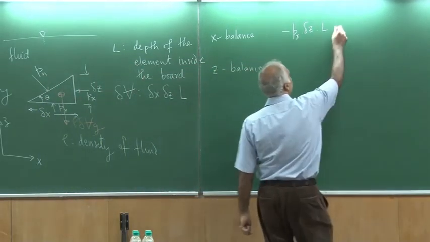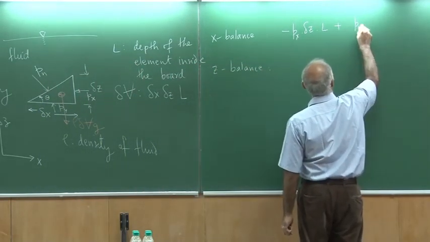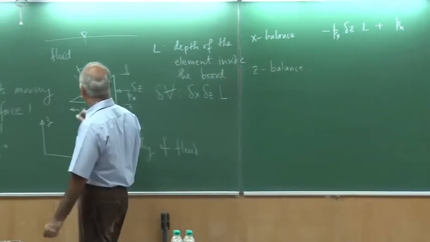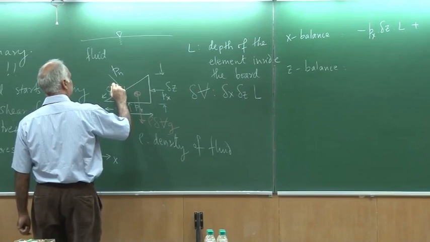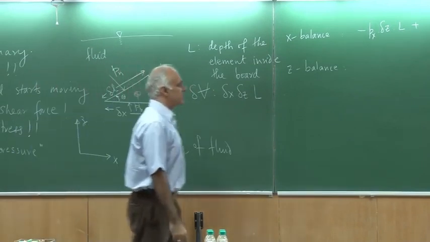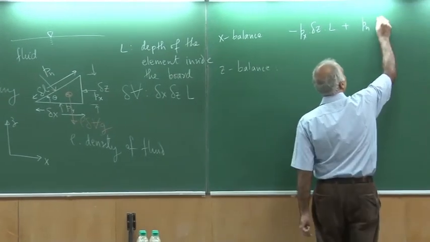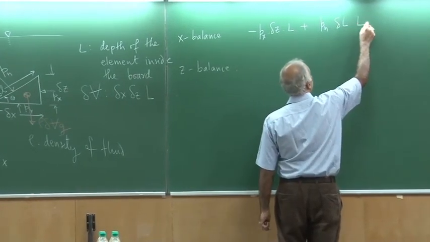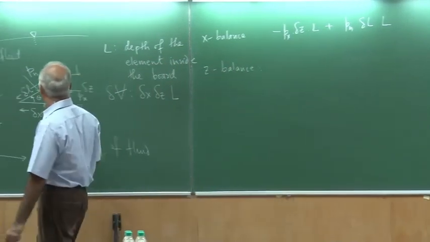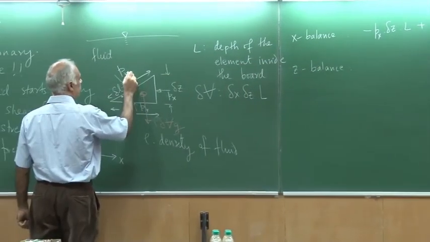So I'm going to write this as plus Pn times, suppose I call this length delta l, so this would be Pn times delta l times this L, and I am going to take the component of this.